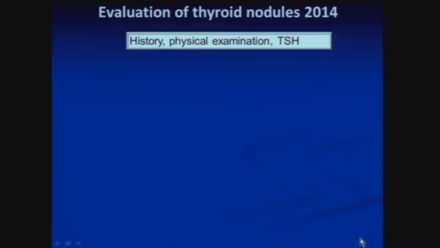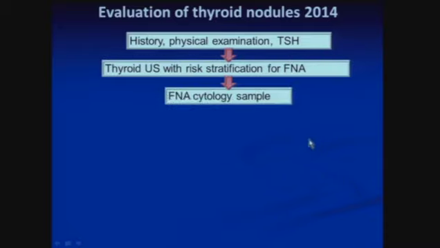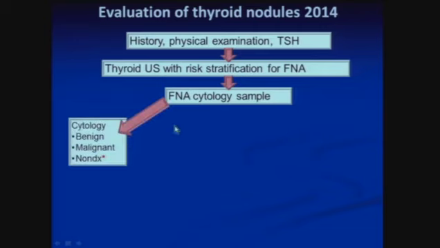So in 2014, we start, just as always, with history, physical, TSH. We use ultrasound for risk stratification to decide which nodules need an FNA. We perform the FNA and we get the cytology results. If the results are benign, malignant, or non-diagnostic, we have a management algorithm with non-diagnostic biopsies having a repeat biopsy.